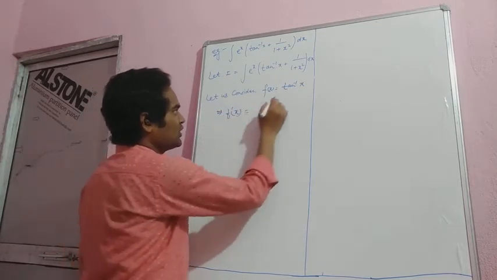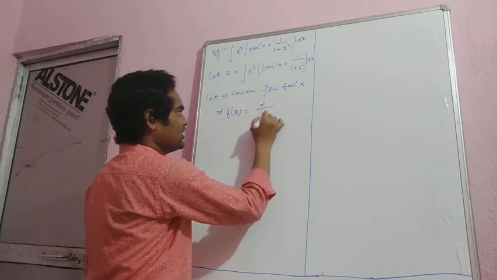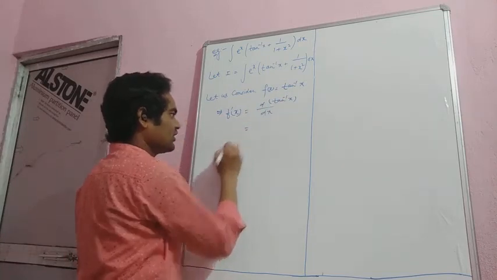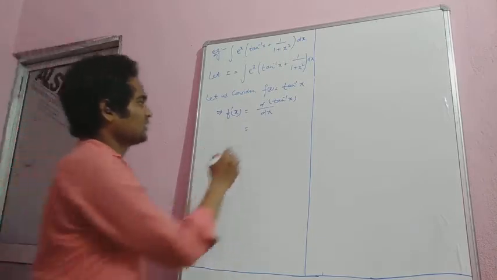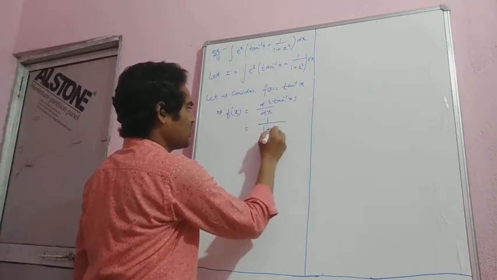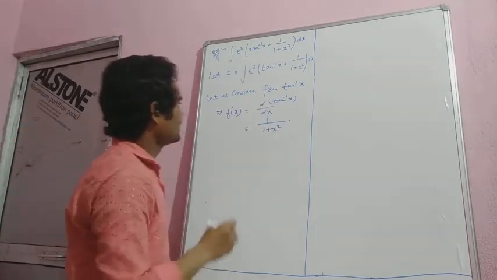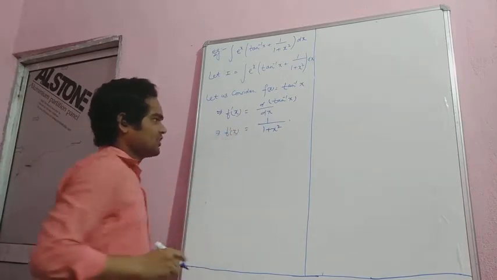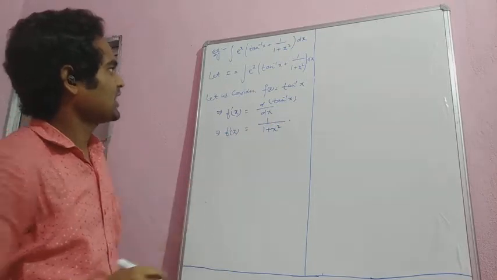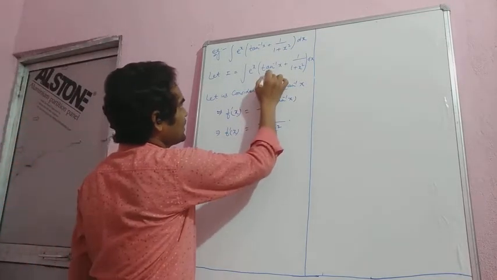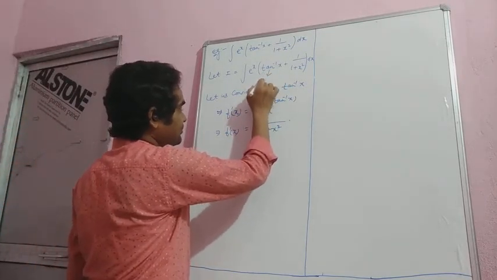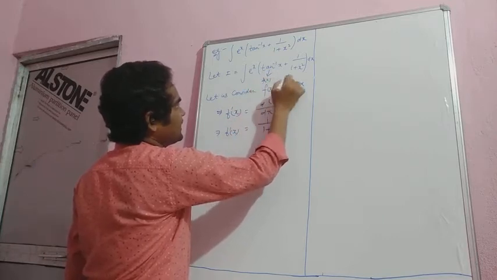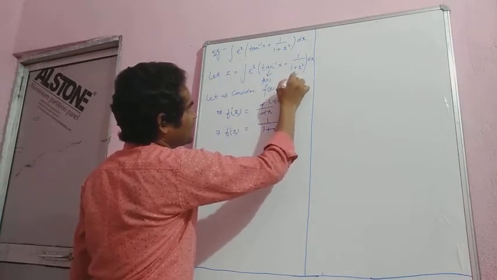We consider f(x) equal to tan inverse x, then its derivative will be, this implies f'(x) is equal to d upon dx of tan inverse x, and we know that the derivative of tan inverse x is equal to 1 upon 1 plus x square. Now this implies f'(x) is equal to 1 upon 1 plus x square. That means this is f(x) and its derivative is here.